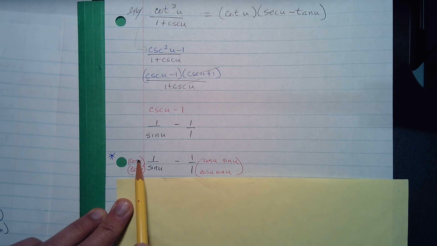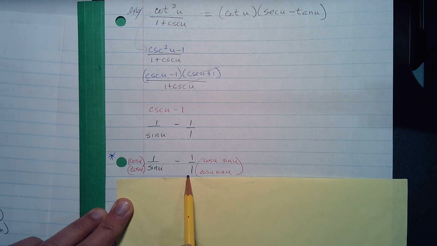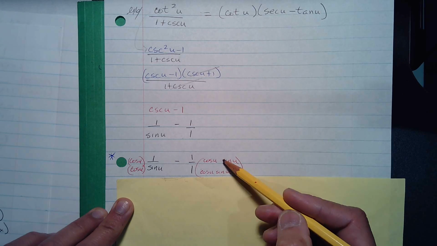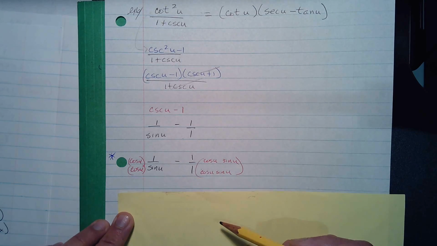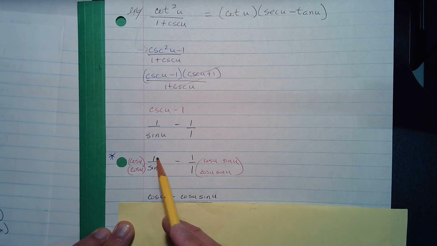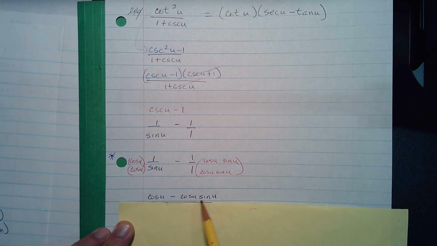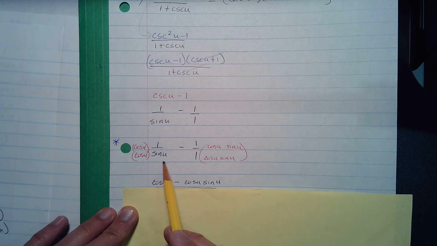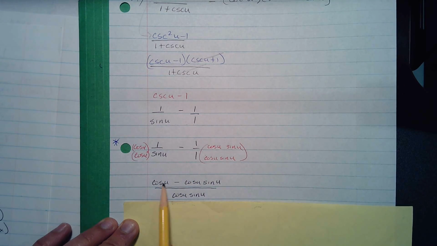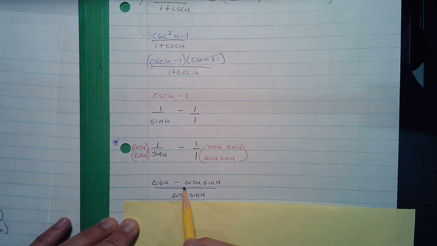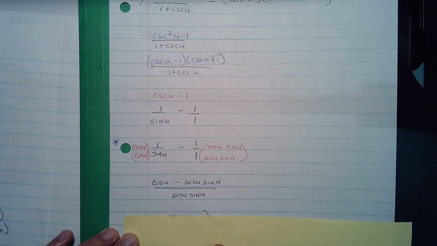So I multiply cosine u over cosine u. Now this needs a cosine u sine u, so that's what I did here. Cosine u minus 1 over cosine u sine u, and we have a common denominator, cosine u sine u, same denominator. We could put the numerators together. I notice what I could do is factor out a cosine u.